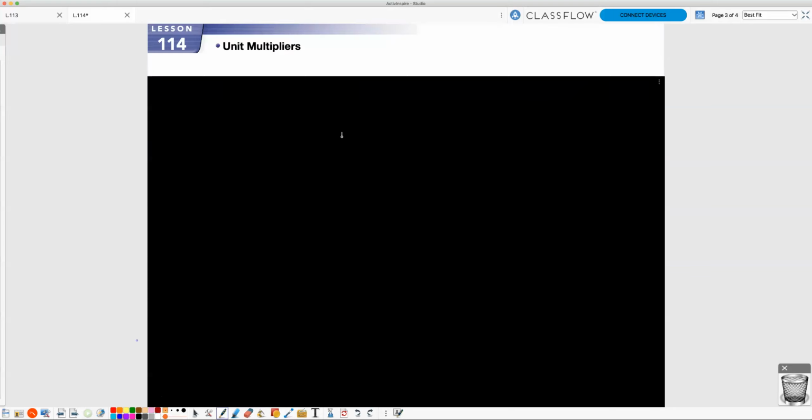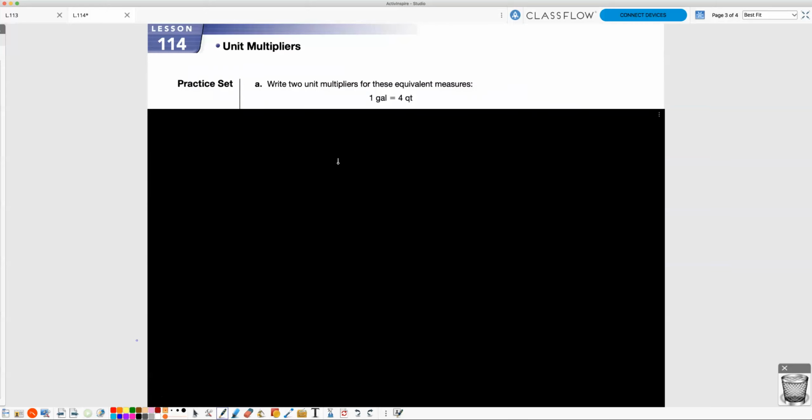All right, let's try some of these. Write 2 unit multipliers for these equivalent measures. In this case, you see that 1 gallon is equivalent to 4 quarts. It almost gives you the answer, but now all you need to do is create a unit multiplier. You've got 1 gallon in the numerator, and you could have 4 quarts in the denominator.